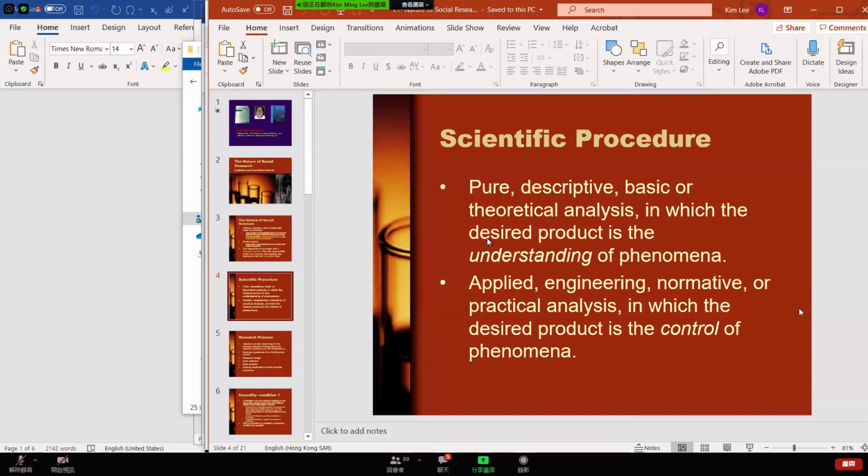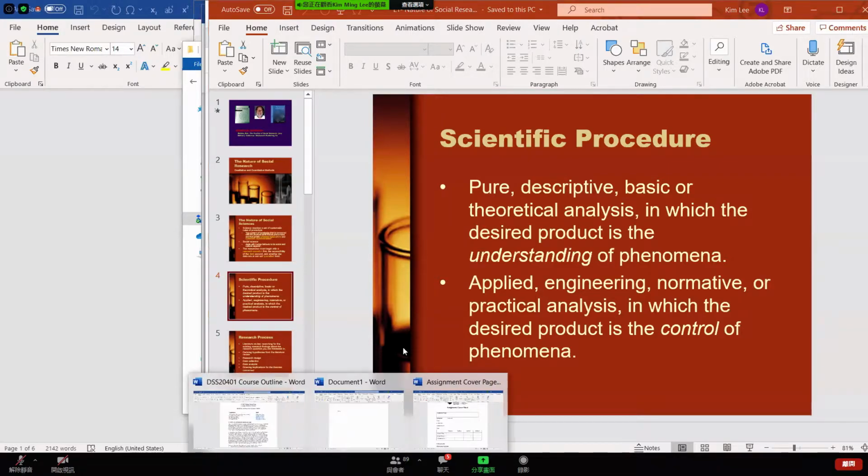The first one is pure, that means it has theoretical significance. That means it helps you to understand the phenomenon, understand the world, no matter if it's the natural or the social world. Applied means we can use the result to help people in social science. So this is the practical significance.